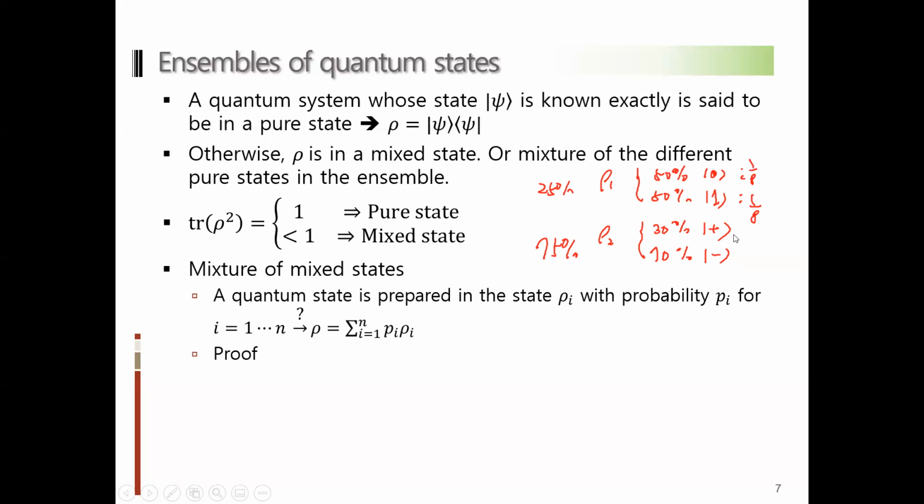And for this one, you can also multiply to calculate the probability of having it. It will be 3/4 multiplied by 3/10, so it will be 9/40 probability. And similarly, you can also calculate the probability to obtain this one.